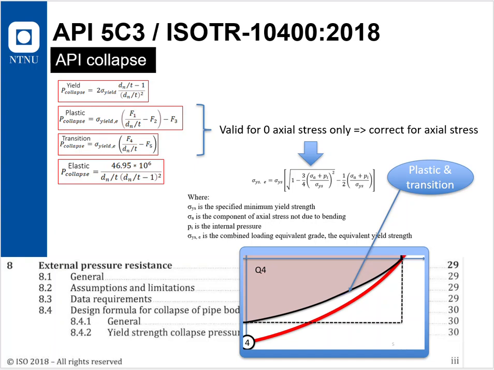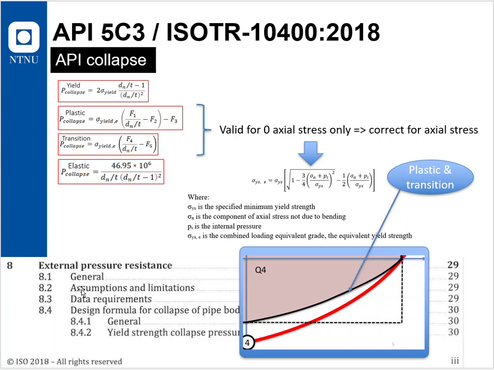So in about 2015, in 2015 actually, that was changed, and this formula was added, the internal pressure. So then it becomes more aligned with the results of collapse testing that was seen.